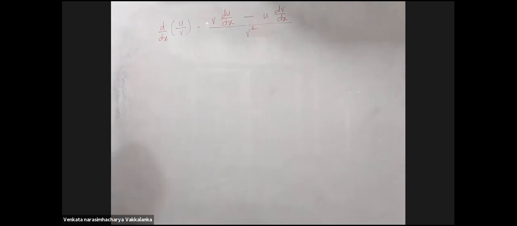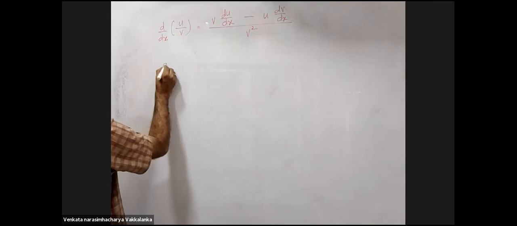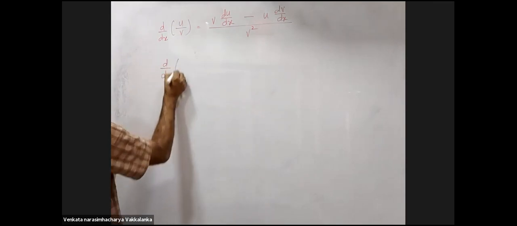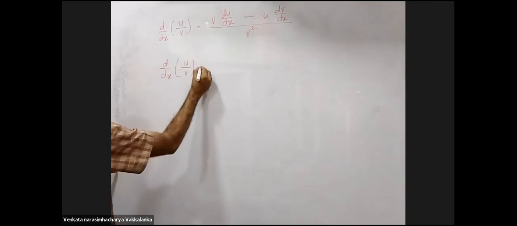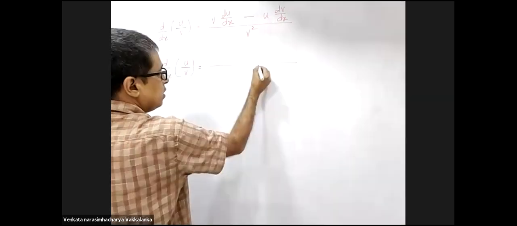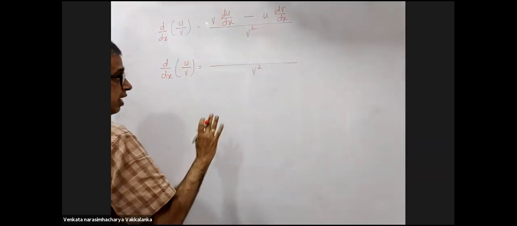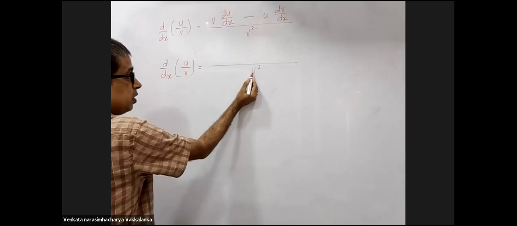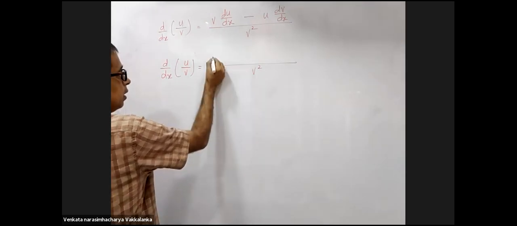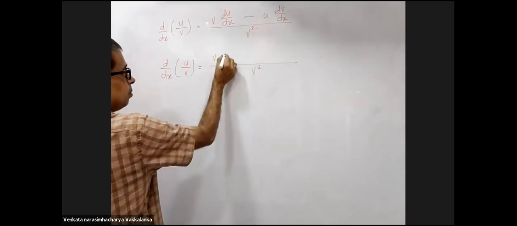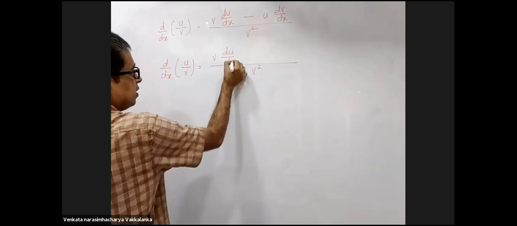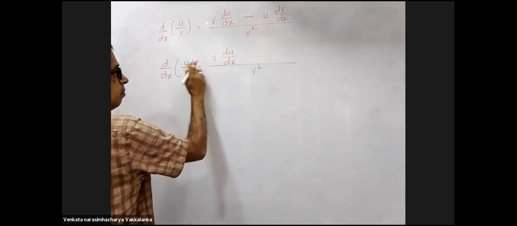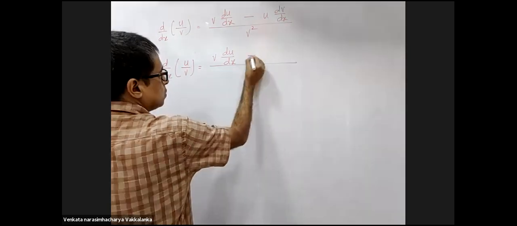It is not visible on my screen. I'll write it again. Please observe. V square. I am keeping the denominator as it is, differentiating the numerator. Minus.